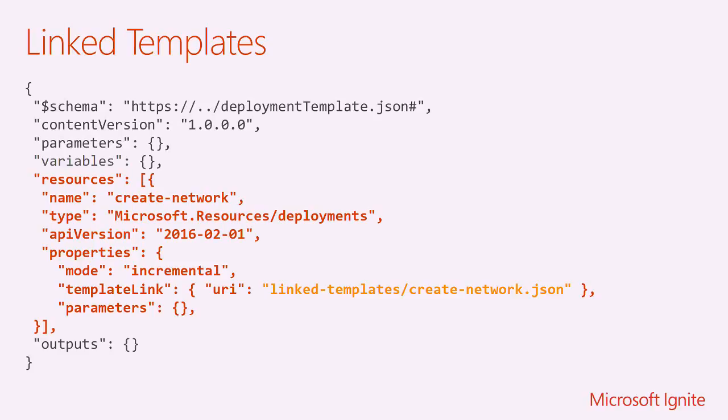So this is a linked template. This is a way for us to break down and separate the concerns and the resources within our template. That template will have its own parameters, variables, resources, and outputs, and it can feed stuff back to the template that called it.